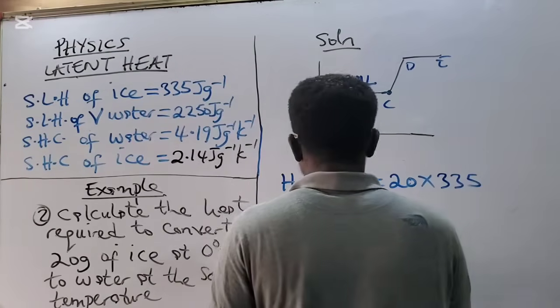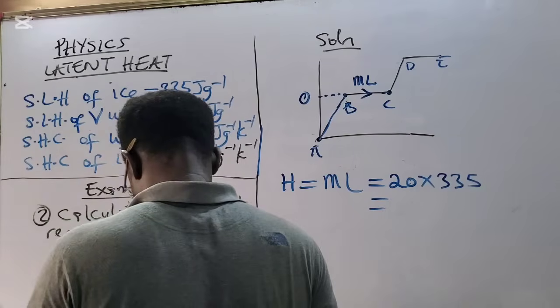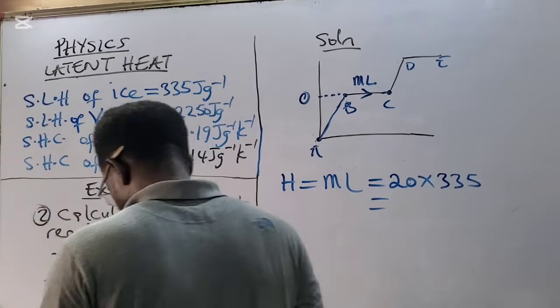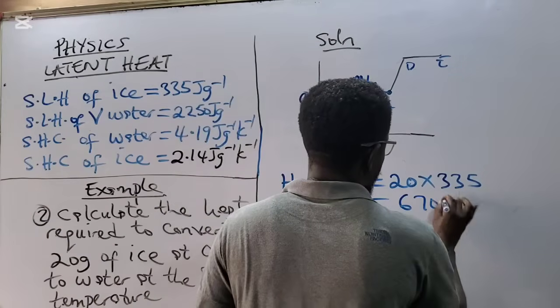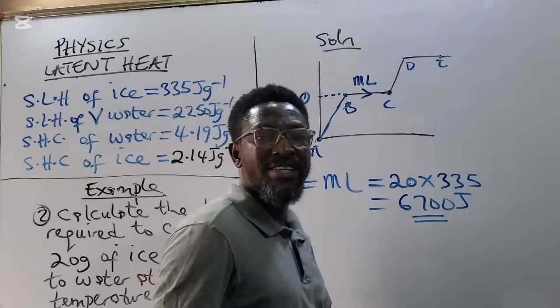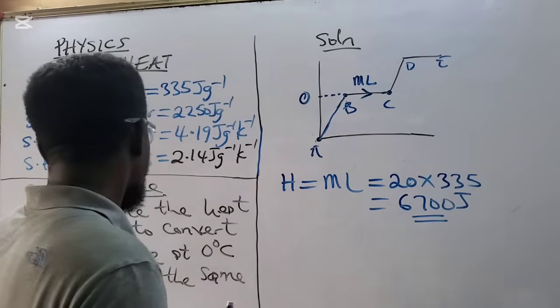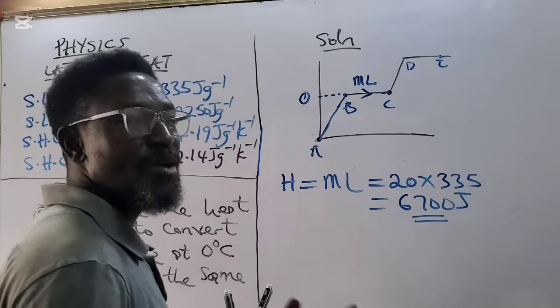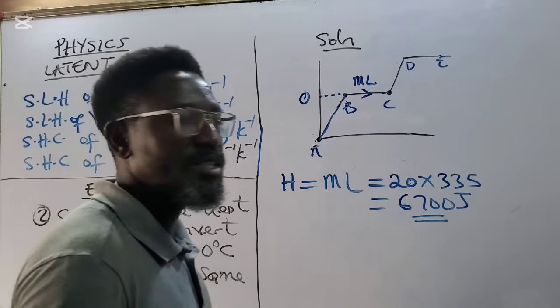We multiply that and I'll get 6,700 joules of heat. That's the heat required to convert 20 grams of ice at 0 degrees C to water at the same temperature.